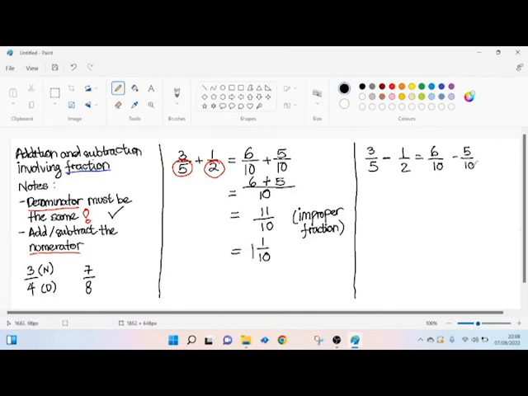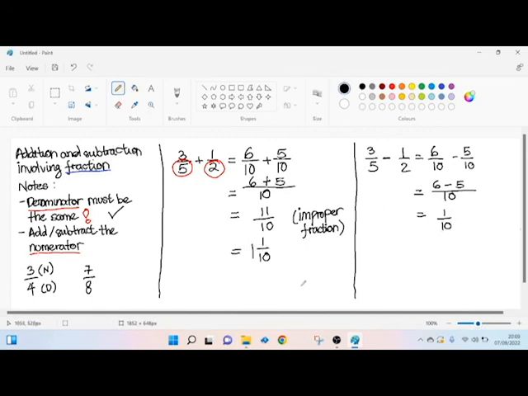And the denominators are the same, so I can write it into one denominator like this, and then copy the numerator, so 6, and then I have the operator minus, and then I have 5. Subtract the numerator, 6 minus 5 becomes 1 over 10.